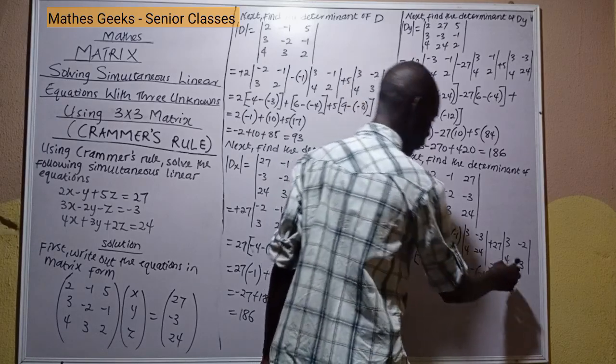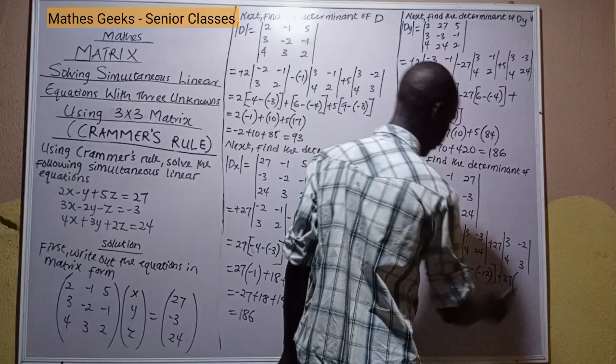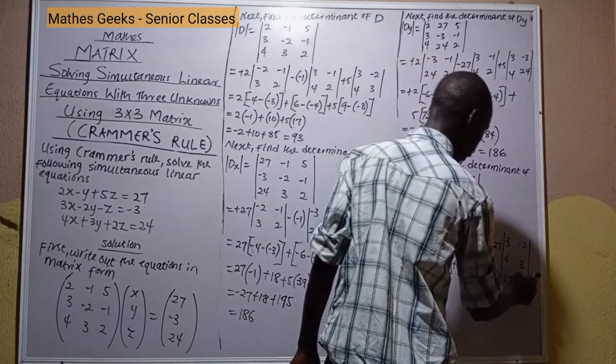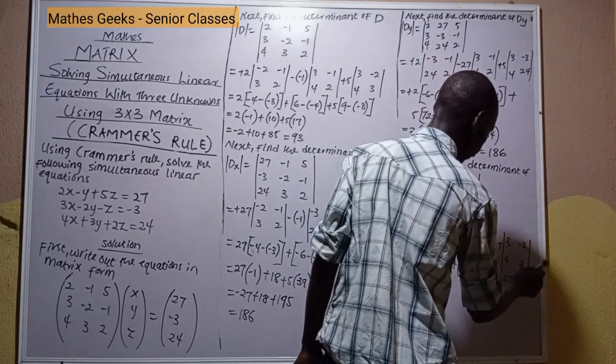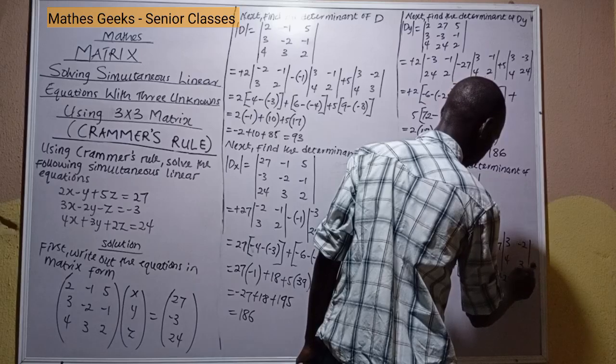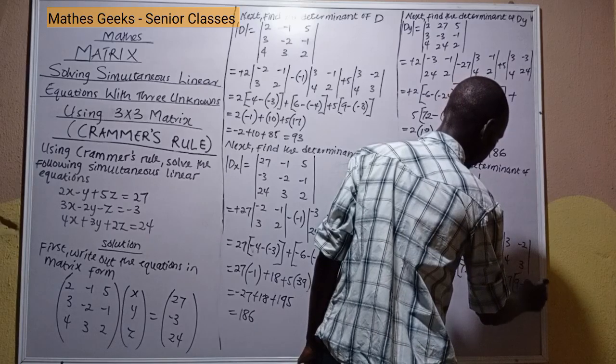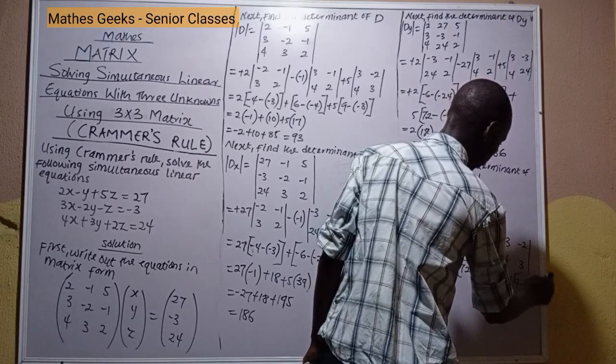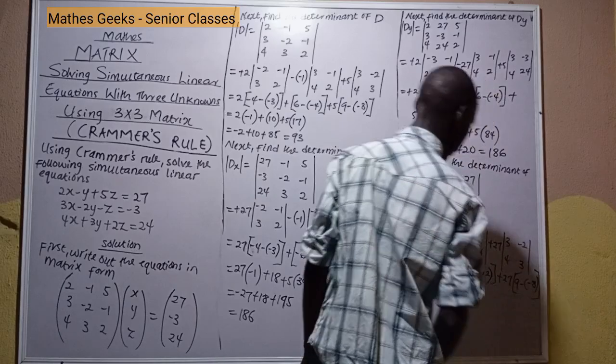Minus 12 plus 27. 3 times 3 is 9. Minus 2 times 4, minus 8 is 8.